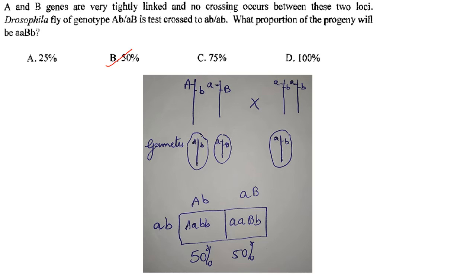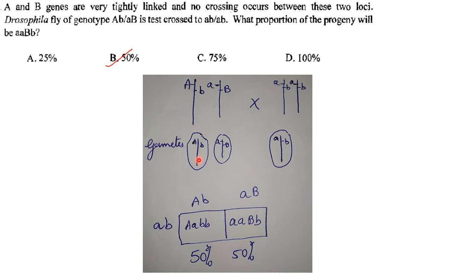Then A and B genes are very tightly linked and no crossing over occurs between these two loci. Drosophila fly of the genotype capital A small b, small a capital B is test crossed to small a small b. What proportion of the progeny will be small a capital B small b? So these are the genotypes which are crossed. These two genes are linked together and no crossing over takes place.